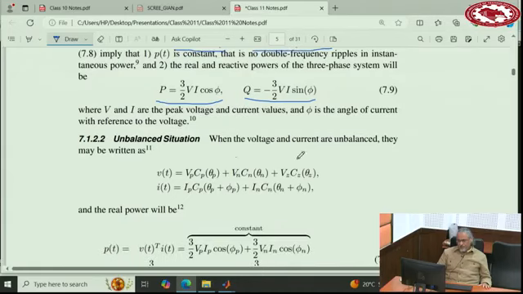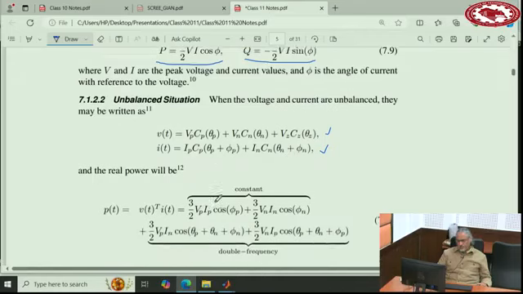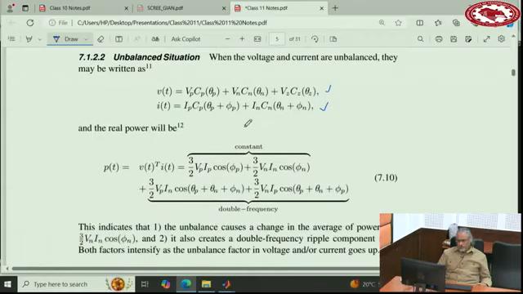If it's unbalanced in general, let's say voltage is this, current is this. So current does not have 0 sequence because we assume there is no neutral connection. And then when you multiply them together, and there is a little calculation here, I said you can do as an exercise, you will see a constant term that we call real power again, and then some double frequency terms.